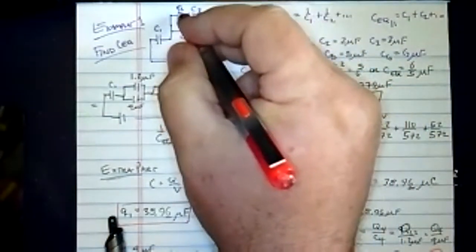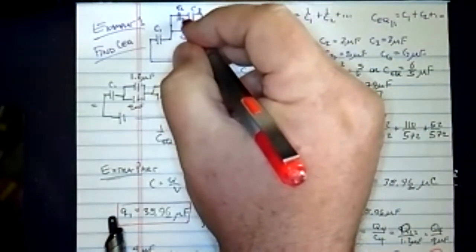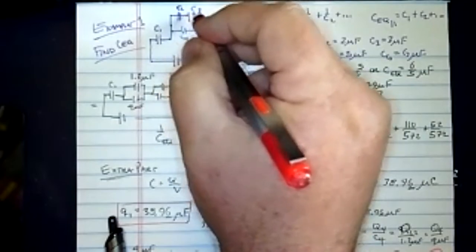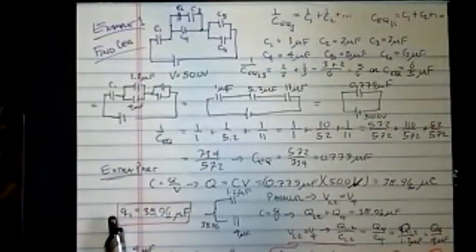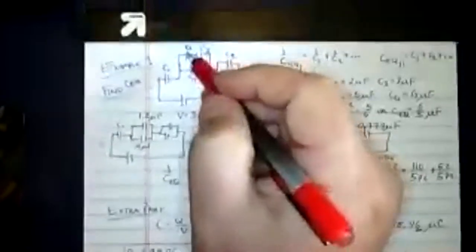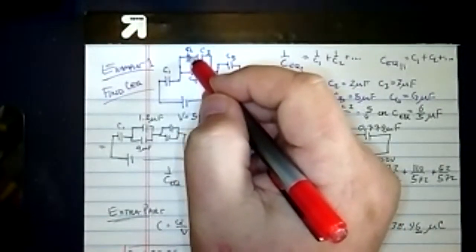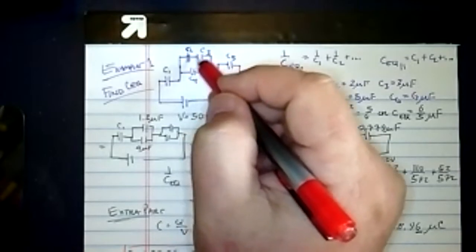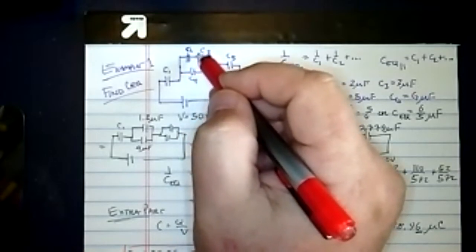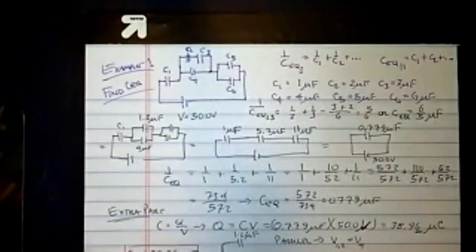Because whatever charge is on this one, that positive charge is going to make the negative charge the same over here. That's going to push it off that way. Does that make sense to you guys? When I put a charge, say 4 microcoulombs there, this is going to make this negative 4 microcoulombs. This was isolated before, so now this is going to become positive 4 microcoulombs, and so on and so forth. So in fact, it looks like both of them are going to get the same charge.